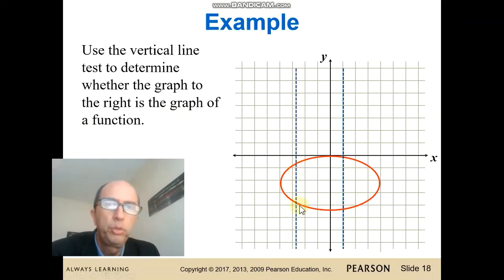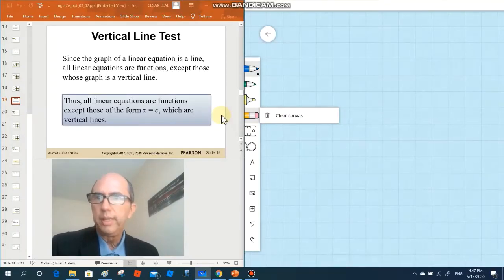More than 1 point, 2 points. That means, no, this is not a function. So, a hint here. Since the graph of a linear equation is always a line, all linear equations are functions, except those whose graph is a vertical line.